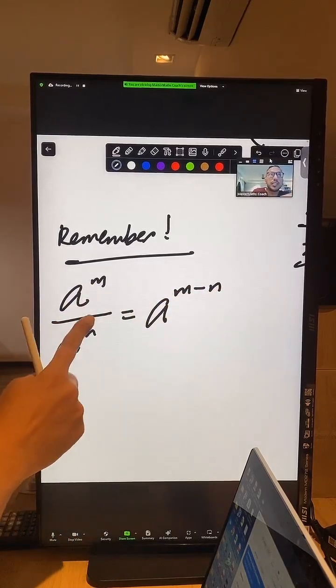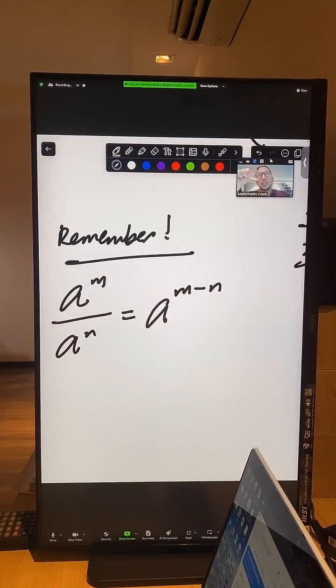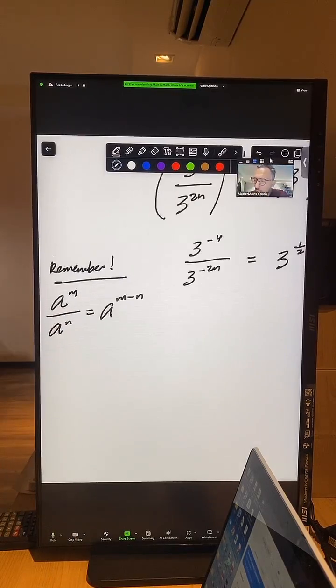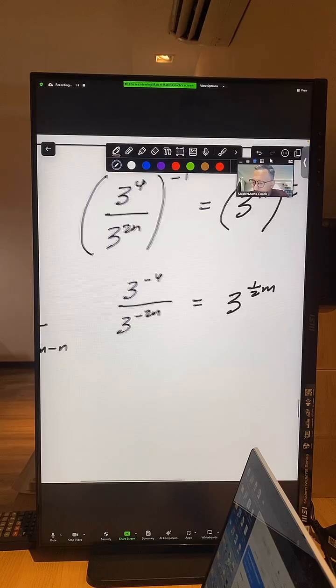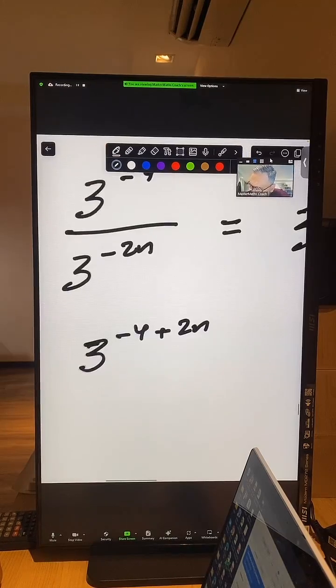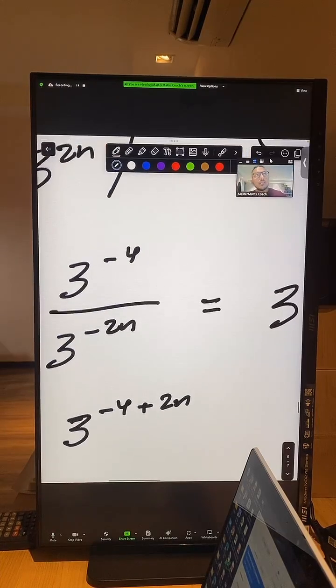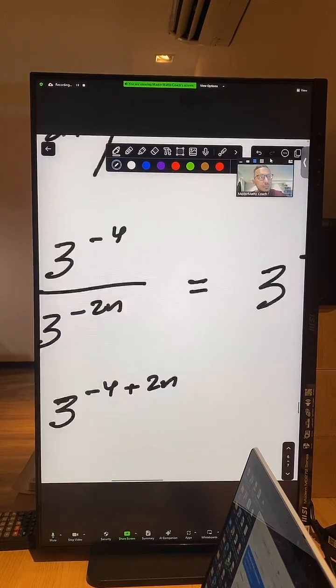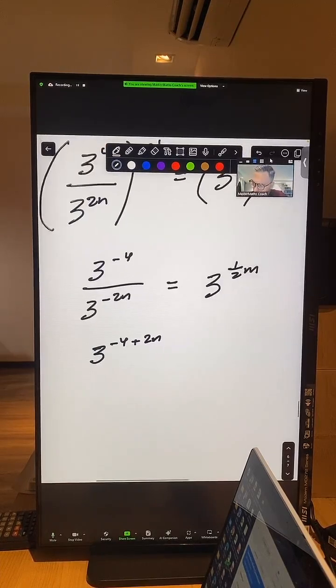When you divide. If it's multiply, you will be adding together the powers, the indices. Okay, so this will be 3 to the power negative 4 minus negative 2n, so plus 2n. Because remember, minus negative will give me plus.